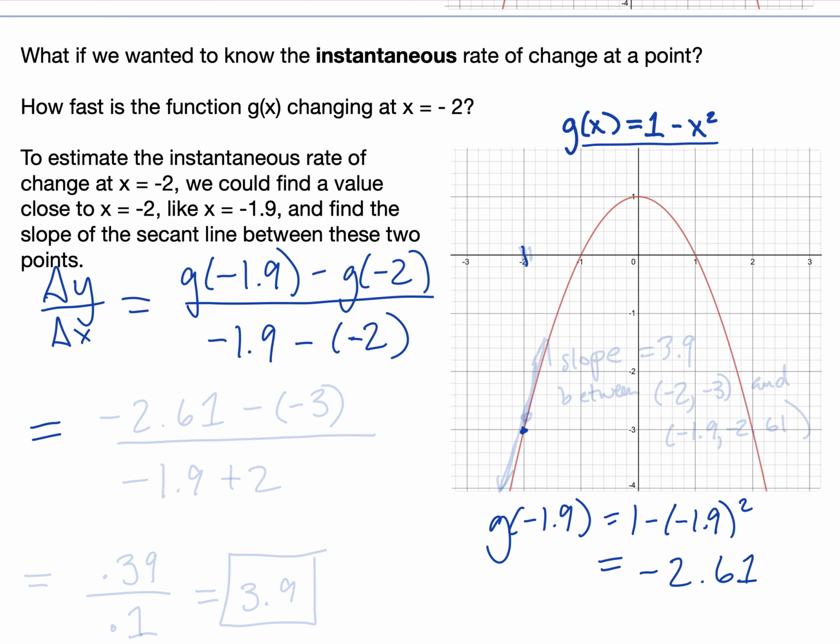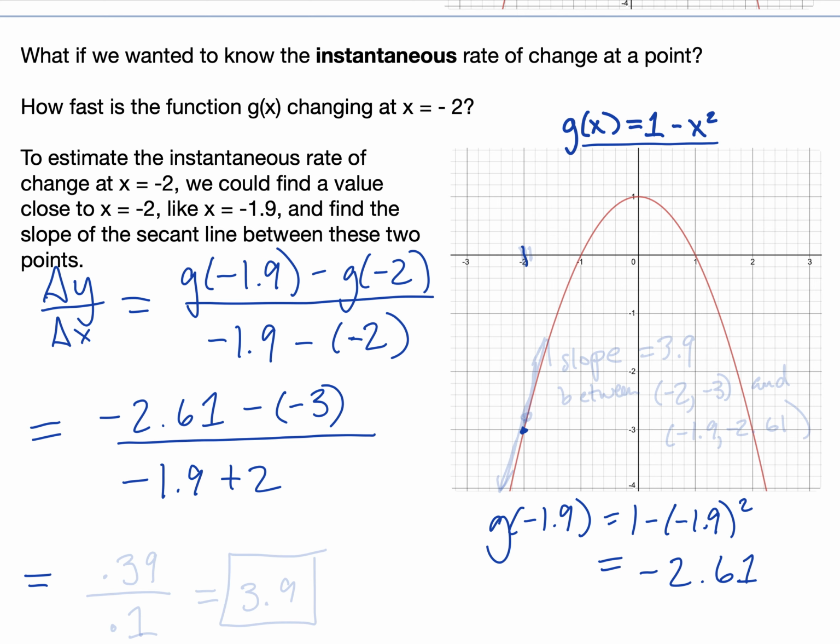So now we have g of negative 1.9 is negative 2.61, minus g of negative 2, which we know is negative 3. We could also verify that by plugging negative 2 into g of x if we wished. This is divided by negative 1.9 minus a negative, so plus 2.